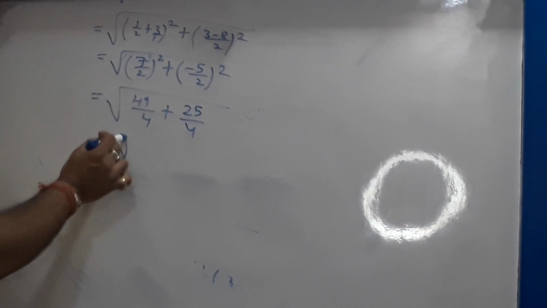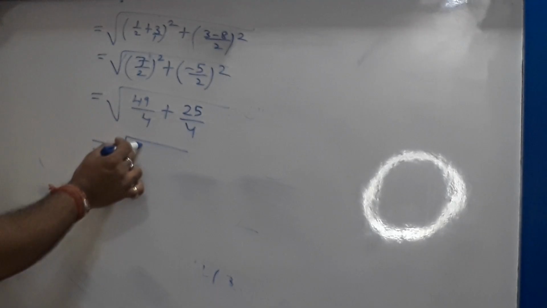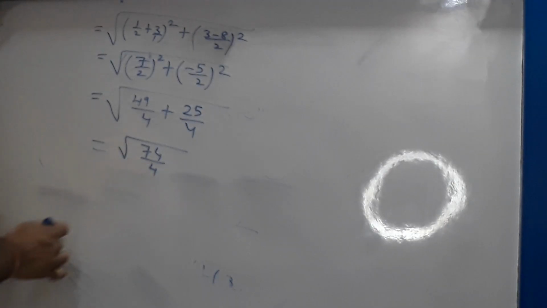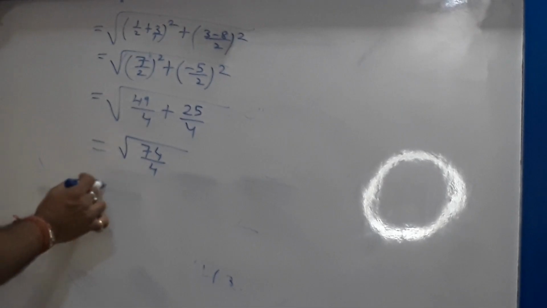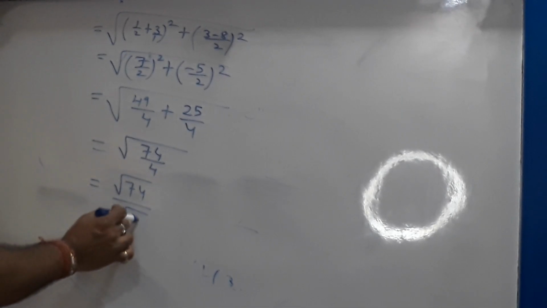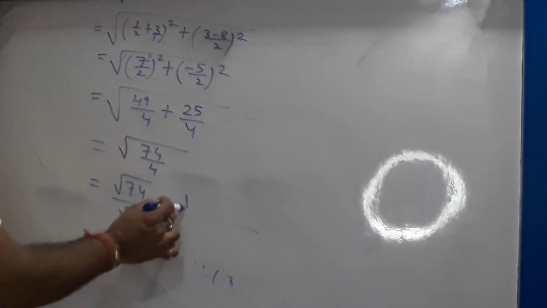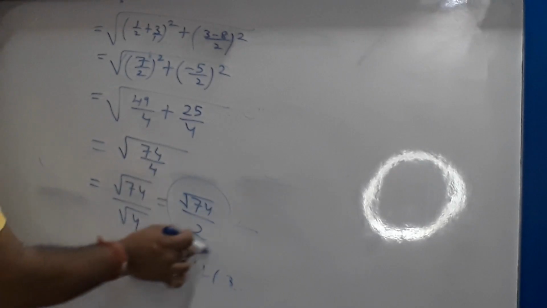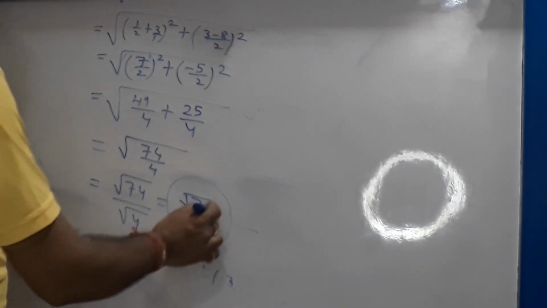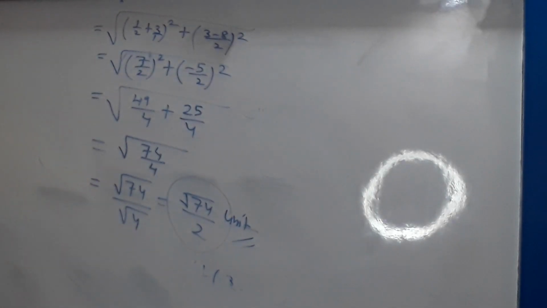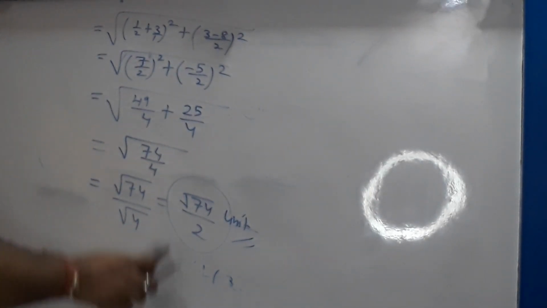So that is root 74 by 4. So that is root 74 upon root 4. Root 4 I can write 2. So root 74 upon 2 unit. We write length of median is root 74 upon 2 unit.